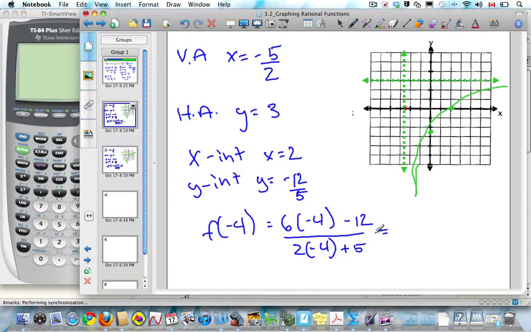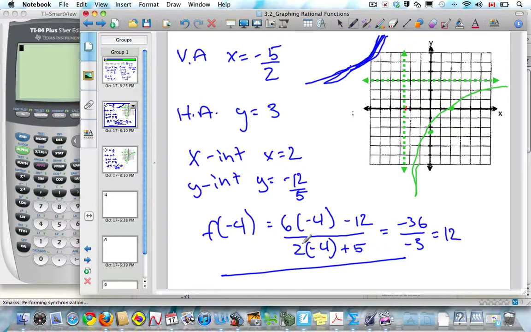Well, that's negative 24 minus 12 is negative 36, over negative 8 plus 5 is negative 3, which is 12. So at the point negative 4, I am way up here at 12, which means this graph has to be doing something over here that we can't even actually see. But if I'm sketching it, it's going to be something like that. That's a pretty messy sketch, but that's the idea. It's going to be up in this corner and down in this corner. That's how we're going to check it.